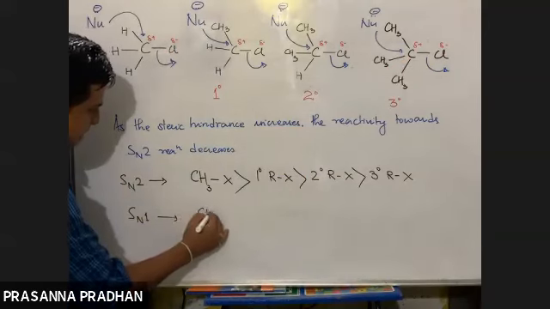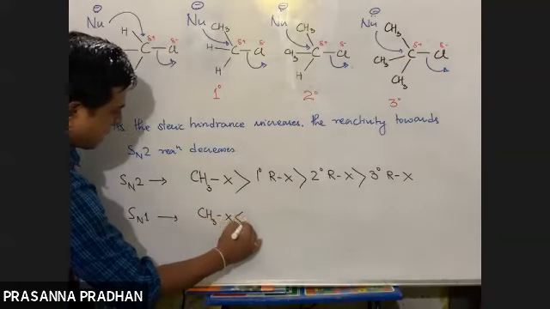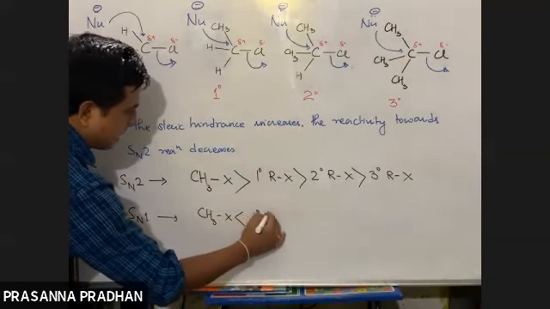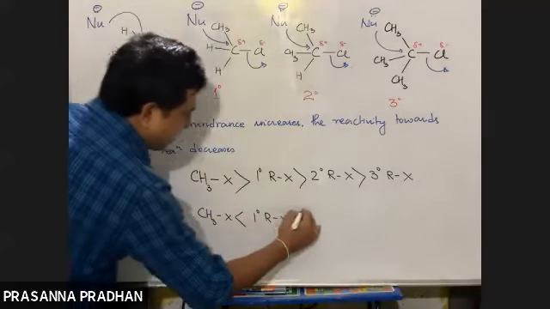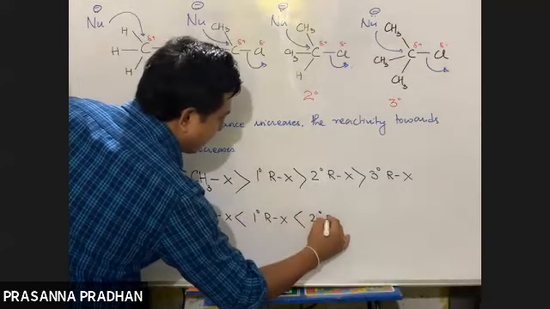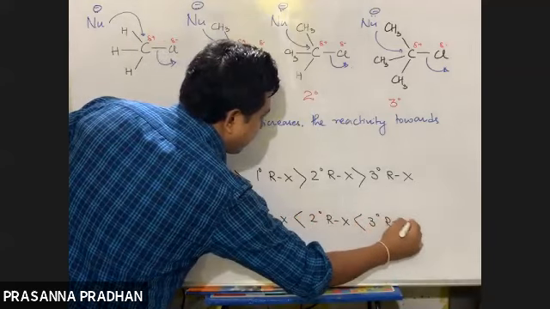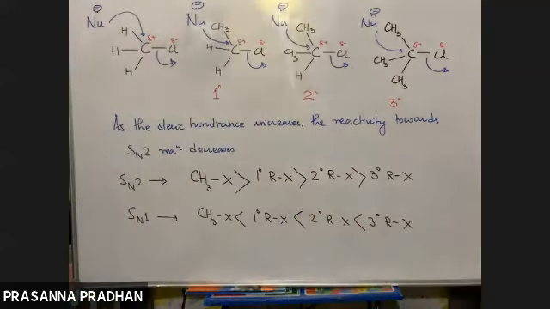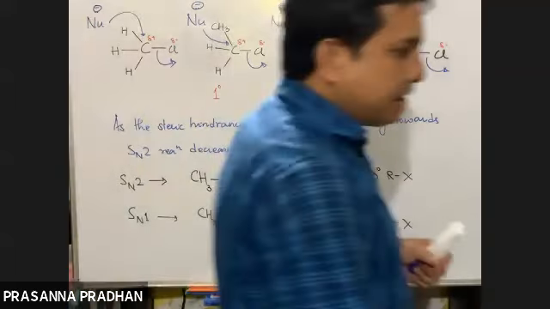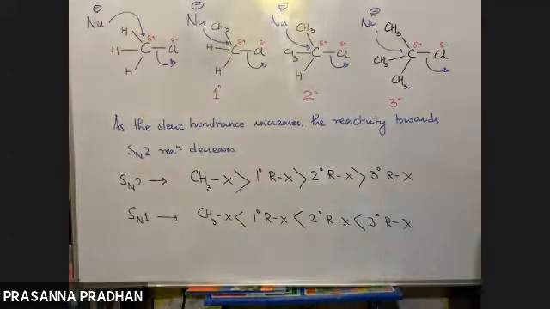So towards the SN1 reaction it is just the opposite. Methyl halides are least reactive, followed by 1 degree alkyl halides, followed by 2 degree alkyl halides, followed by 3 degree alkyl halides. So the reactivity of alkyl halides towards SN1 and SN2 reactions are just the opposite. SN1: 3 degree most reactive, SN2: 3 degree least reactive.